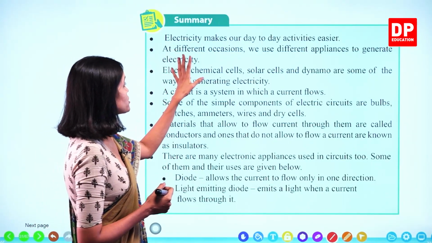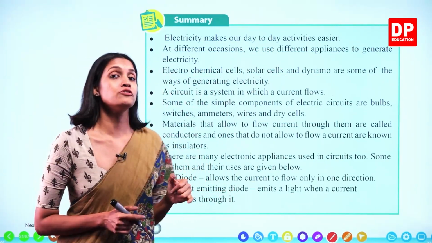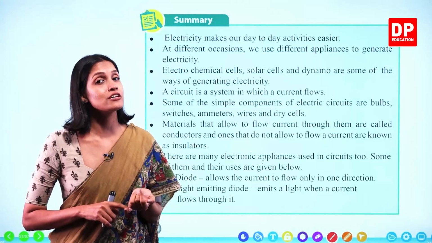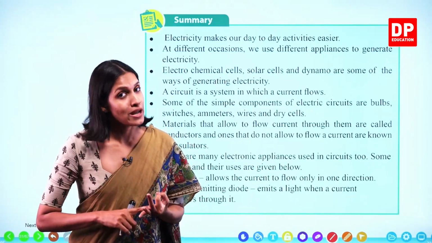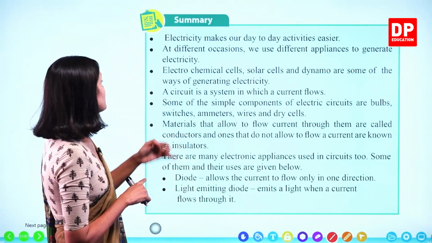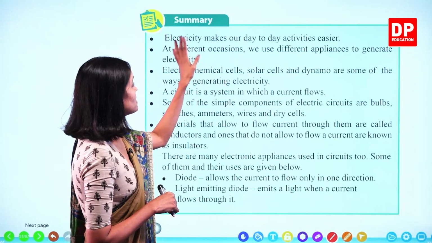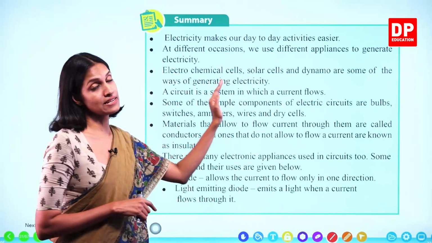At different occasions, we use different appliances to generate electricity. Do you remember we learned there are three main methods of generating electricity: using chemical cells, using solar panels, and using dynamos. Remember, children? Electrochemical cells, solar cells, and dynamos are some of the ways of generating electricity.